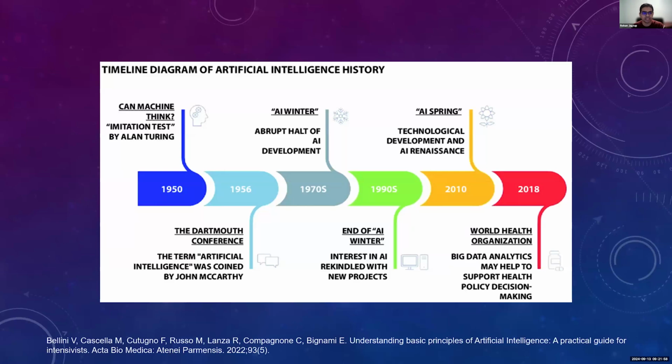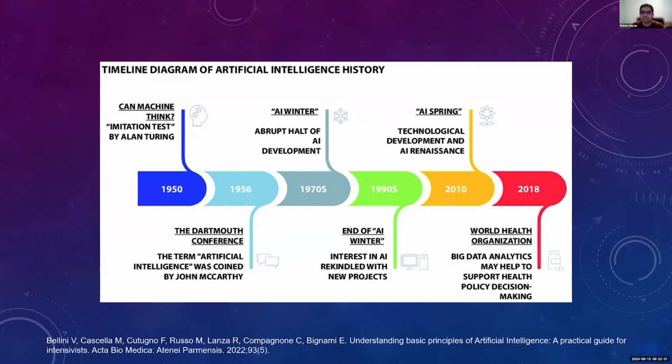Around the 1950s, the first person to talk about AI was Alan Turing. He wrote an article asking, can machines think? And then in 1956 the first conference happened at Dartmouth, where the term artificial intelligence was coined by John McCarthy. But after that, nothing happened. There were AI winters from the 1970s until around the 1990s, when the AI winter ended and interest in AI projects started again.